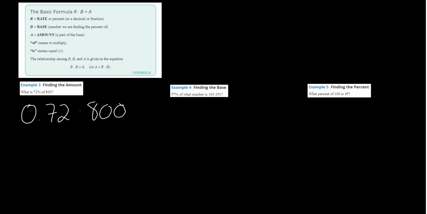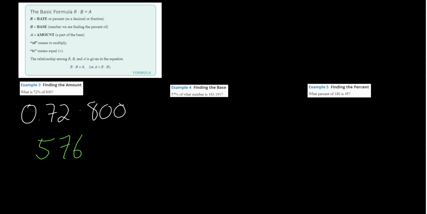If we do the arithmetic, 800 times 0.72 is 576. That's if I want to find the percent of some number. If I want to find the percent of some number, I'm going to multiply.